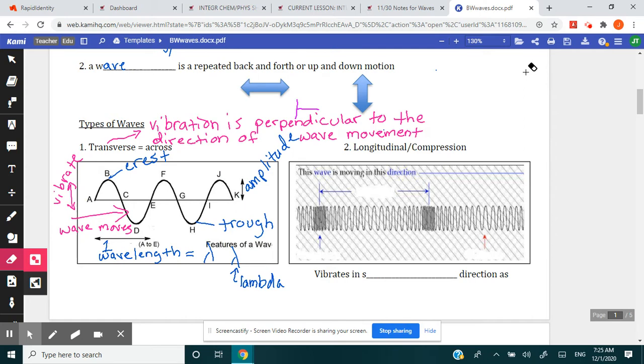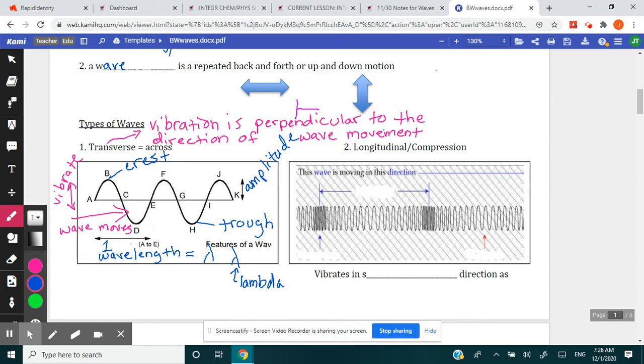Okay, so yesterday we focused on transverse waves, and you just saw a video of how longitudinal waves work. So now we need to know the different parts of longitudinal waves. Looking at your diagram, make sure that you label the specific parts.